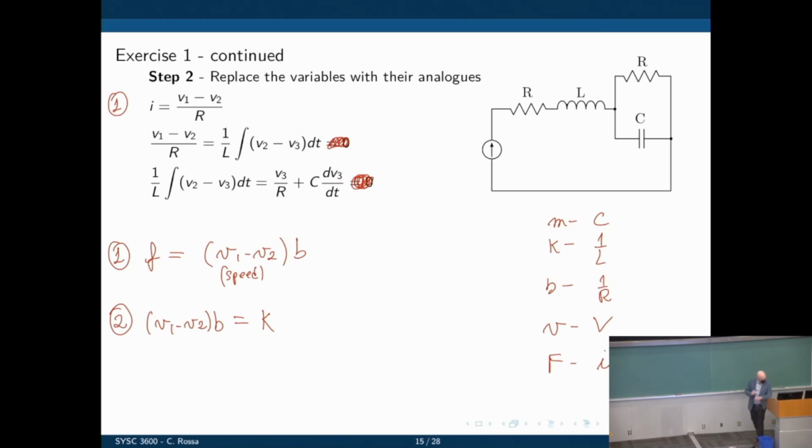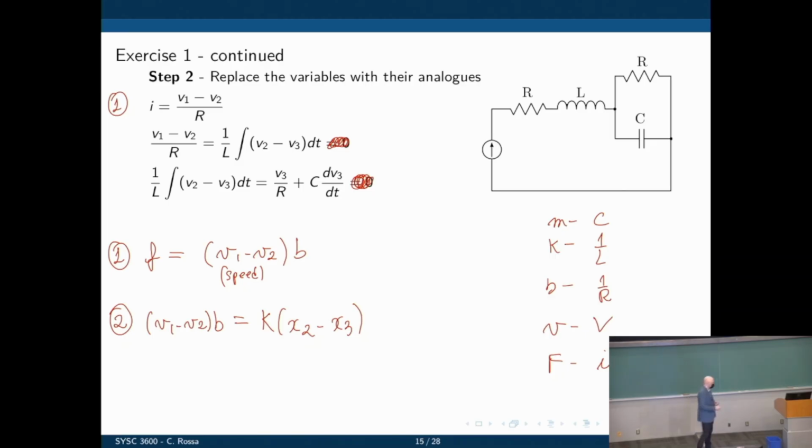And then you have the integral of voltage. What is the integral of voltage in the mechanical system? If voltage is the speed, the integral of voltage is position. Very good. And this makes perfect sense because we did need a position there to make sense of this equation, because you can only create a force by multiplying the stiffness by a position.